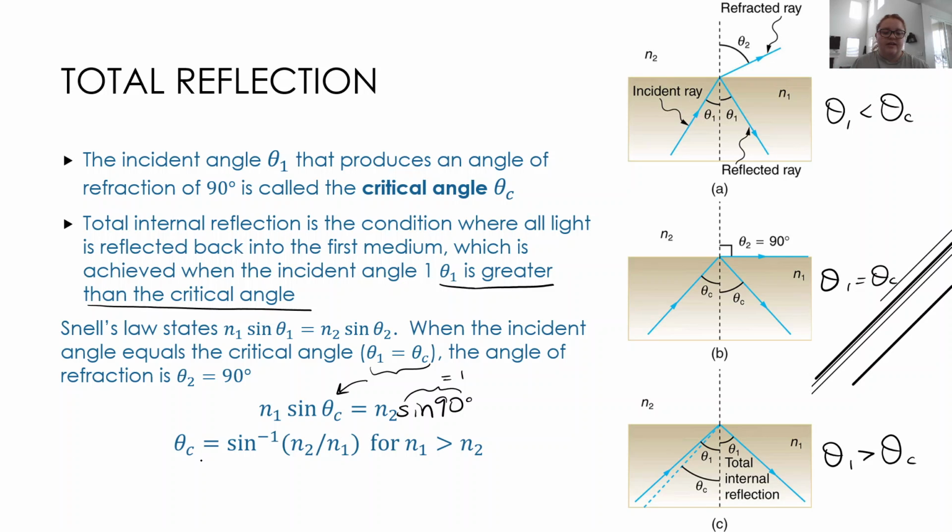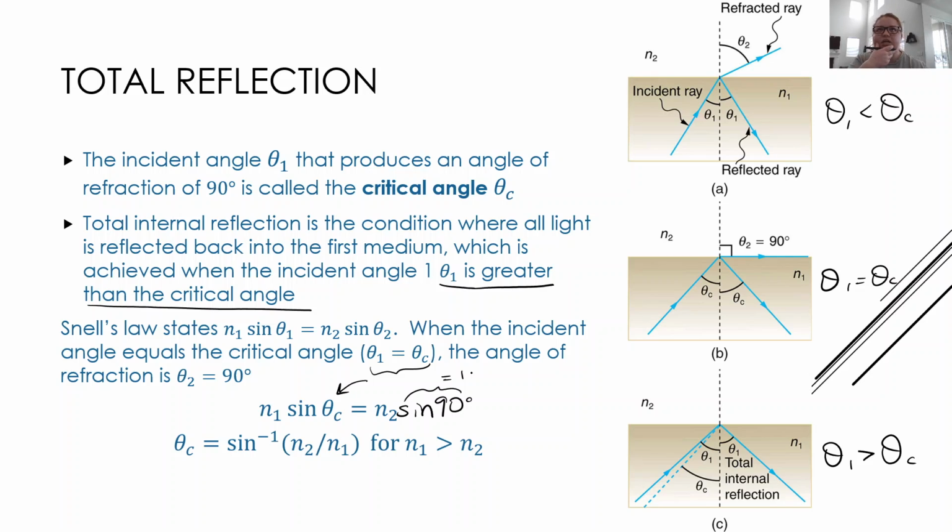And so the critical angle is equal to sine inverse of n2 divided by n1, as long as n1 is greater than n2, meaning we're going from an index of refraction that's greater to the lesser, right?